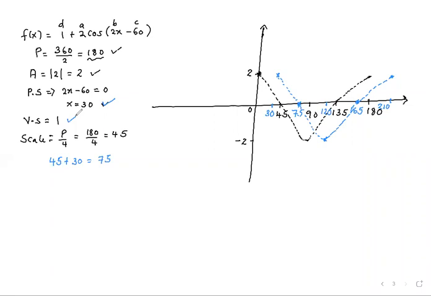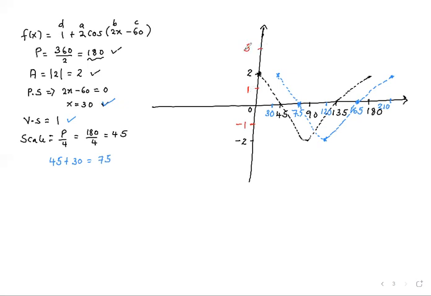For the vertical shift, to each y point we add 1. So adding 1 to -2, we'll have -1. To 0, we add 1, we'll have +1. And to 2, we add 1, we'll have 3.